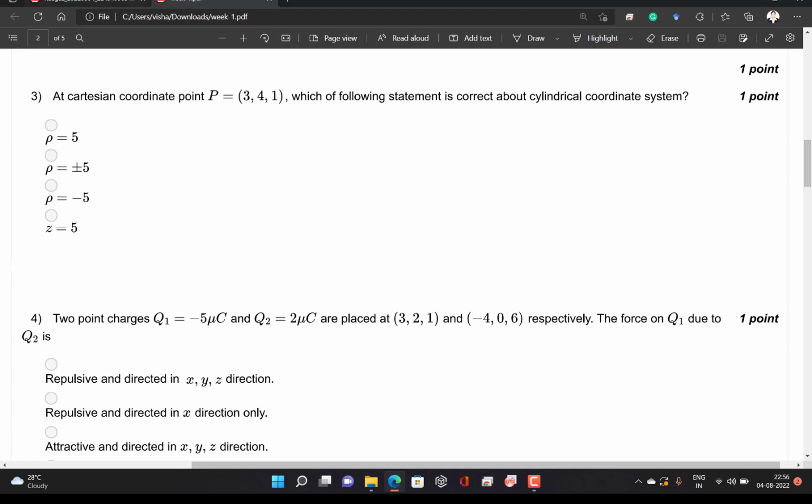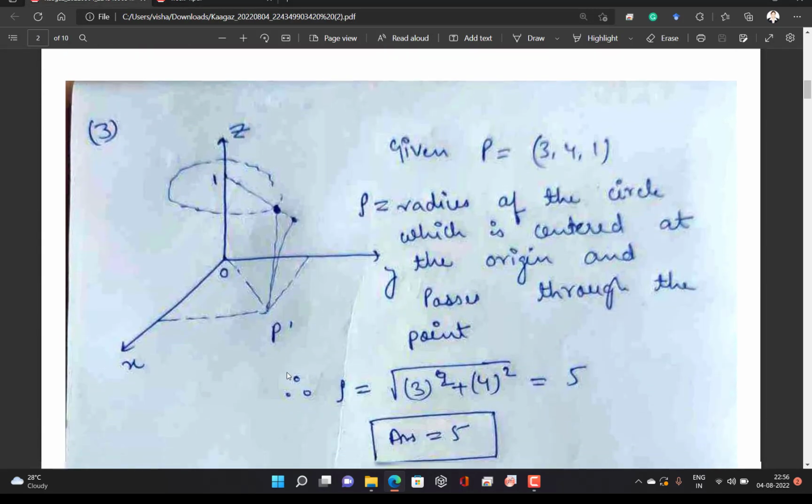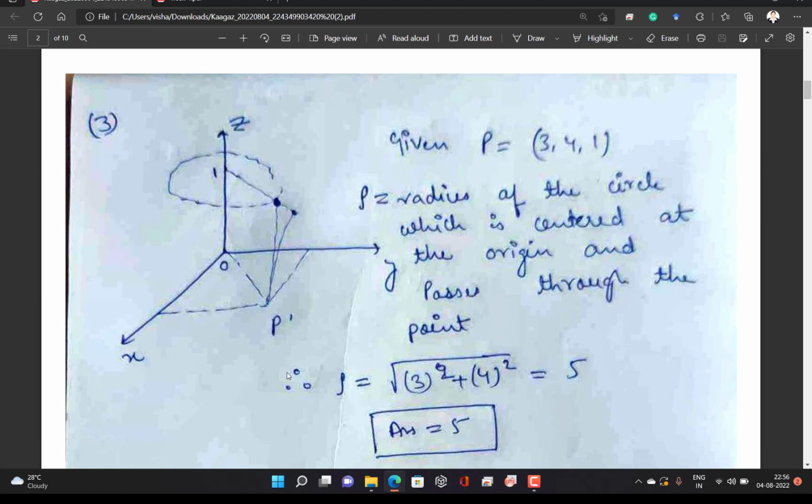Okay. So for the cylindrical coordinate system, we know that the radius of the circle is centered at the origin and passes through the point. Alright. So here point P is 3, 4, 1.